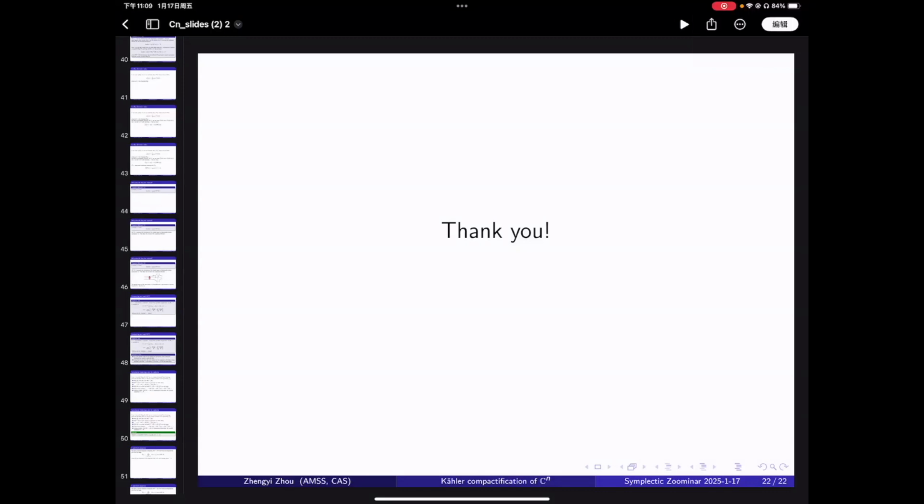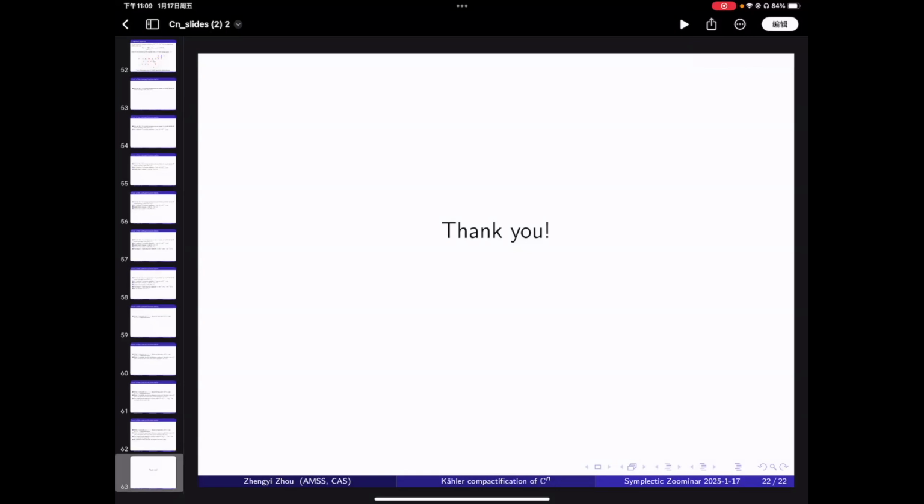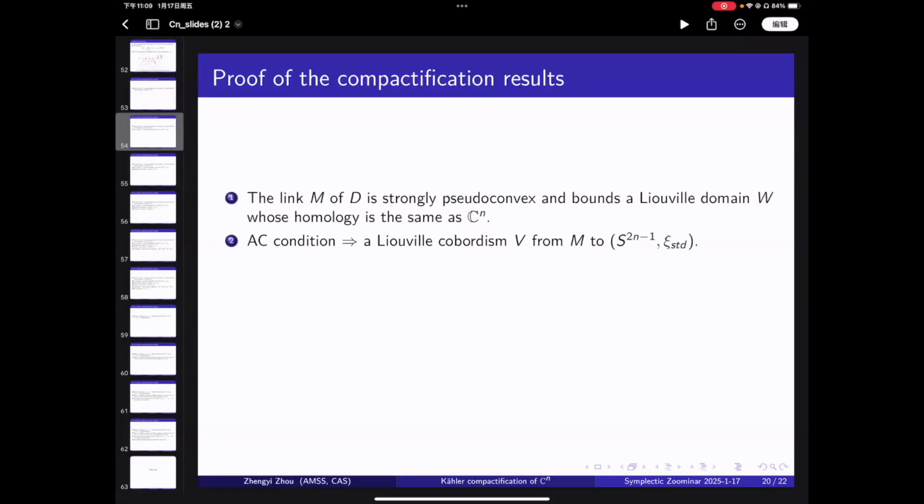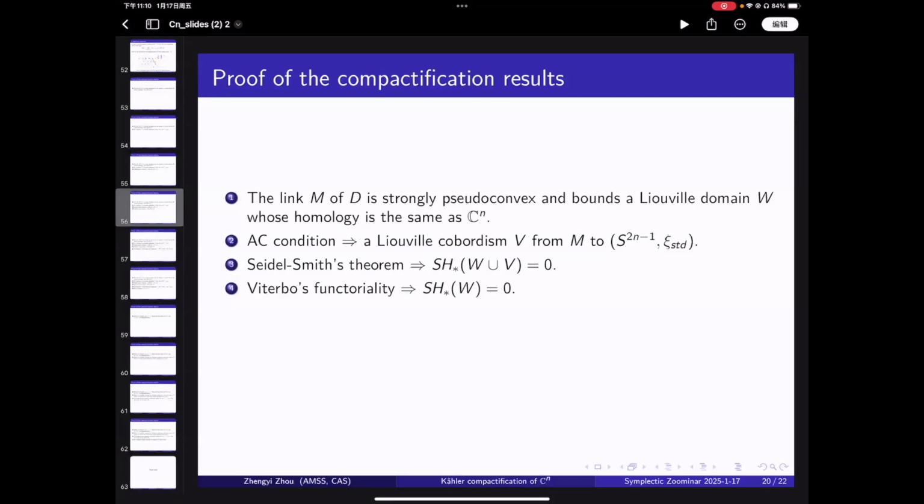So my computation here is fairly simple. It's basically because it's coming from the compactification of C^n, and you basically want to show the link is the standard contact sphere, but you cannot argue that.